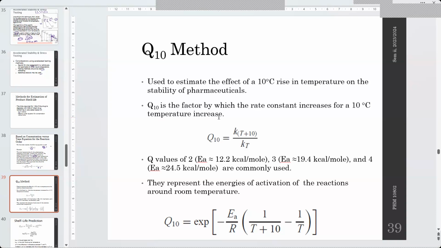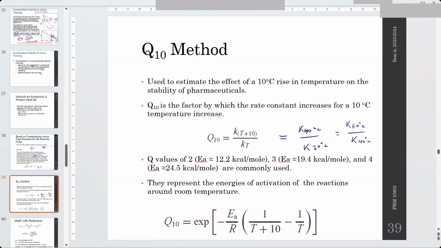So Q10 is, for example, the K at 40 degrees divided by the K at 30 degrees Celsius. Or for example, the degradation rate constant at 50 degrees divided by the degradation rate constant at 40 degrees.